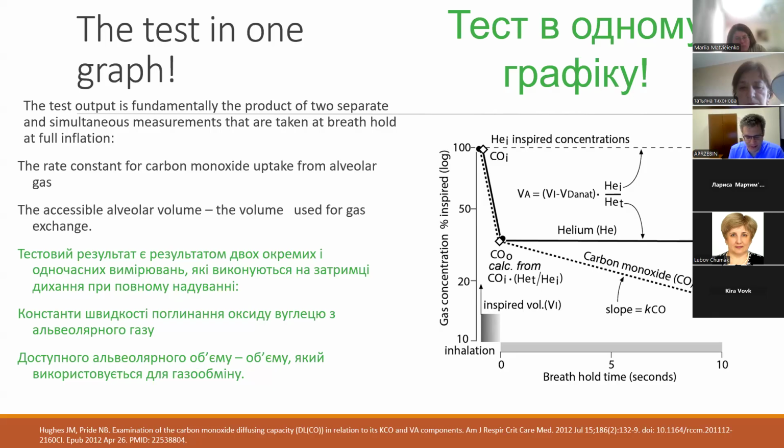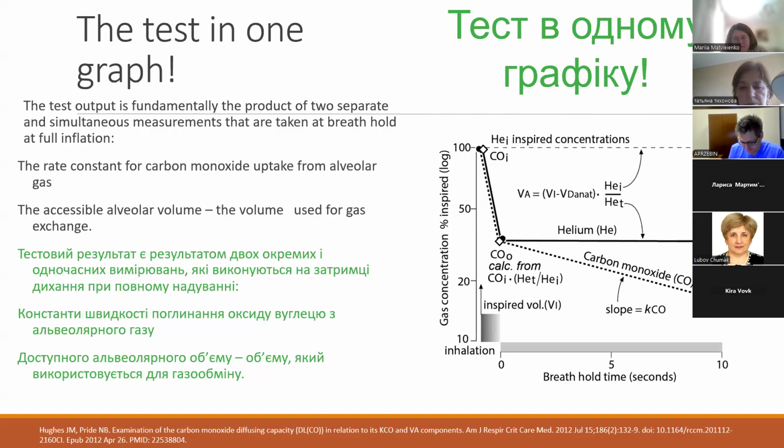The air that they breathe in has a very small percentage of carbon monoxide, 0.3%, and a very small percentage of tracer gas, either helium or methane, typically methane these days. When they start to take their deep breath in, the machine opens the shutter for this gas, and the patient takes their breath in and holds it for 10 seconds, and then they exhale. When they exhale, the machine then measures the concentration of the two gases.